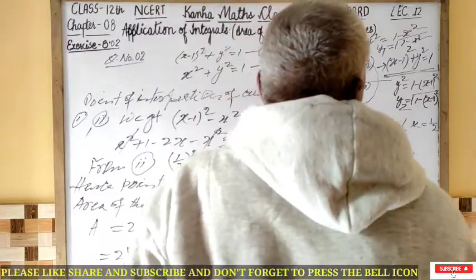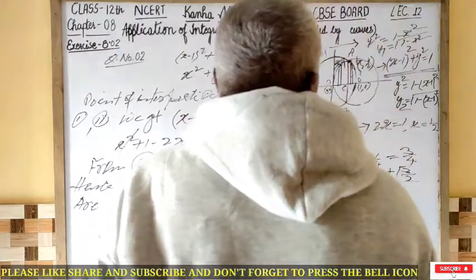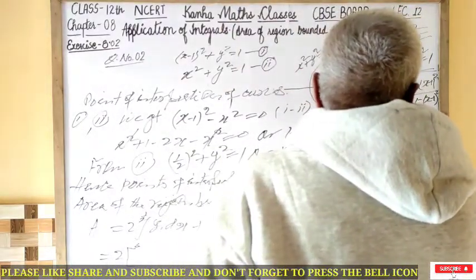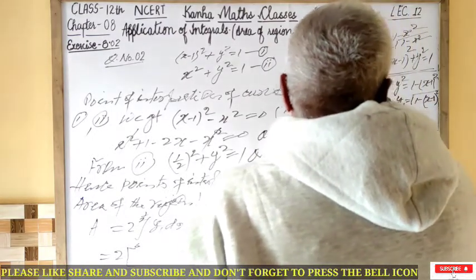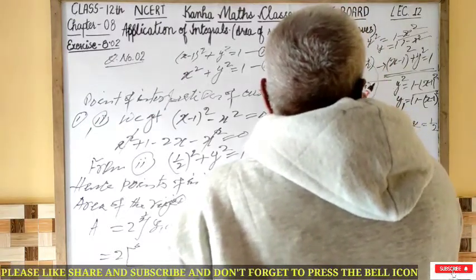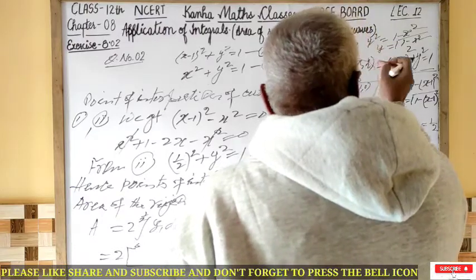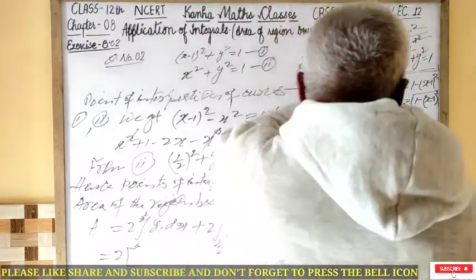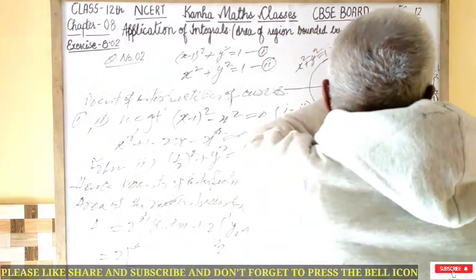So actually this is y1 and this is y2, because this is the circle whose center is (0, 0) and radius 1, and we have put up the value here.